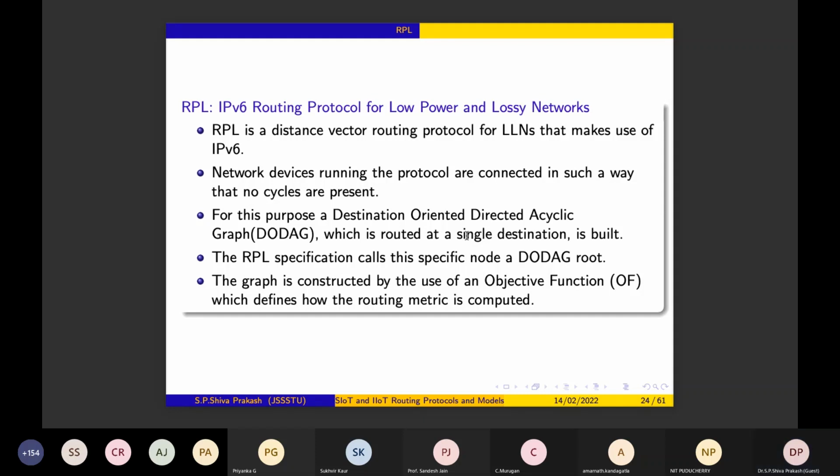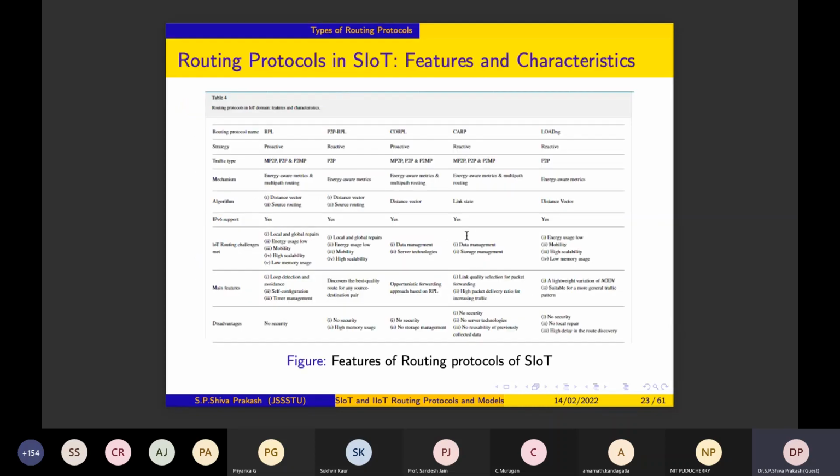The RPL specification calls this specific node a DODAG root. The graph is constructed by the use of objective functions, which define how the routing metric is computed.